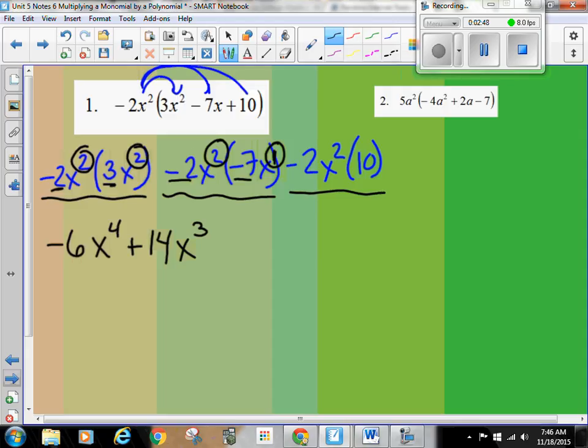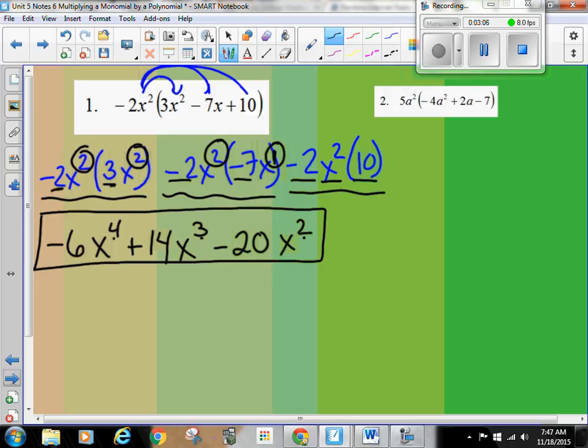And then my last part, negative 2 times 10 gives me negative 20. And then I just have my x squared. Last thing I want to check to make sure that it's in descending order. So I see that my exponents all go down in order. So this is going to be my solution.